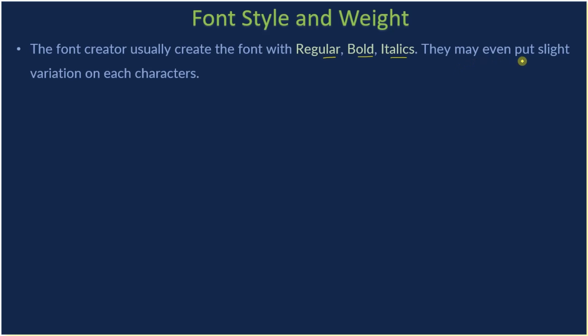They may even put slight variation on each character. Say for example, if T in regular looks like this, in italic it will be slightly tilted, right? It will be tilted like this.